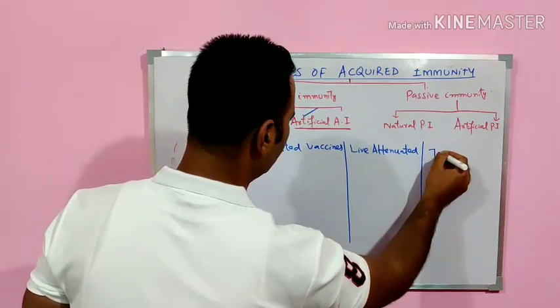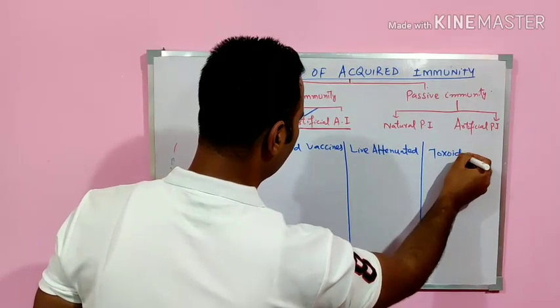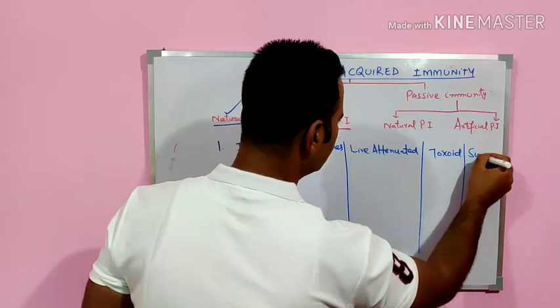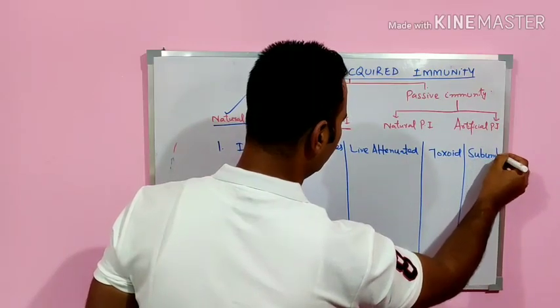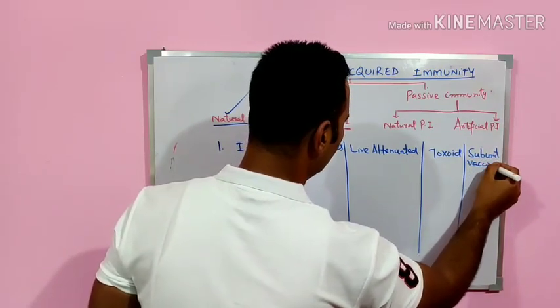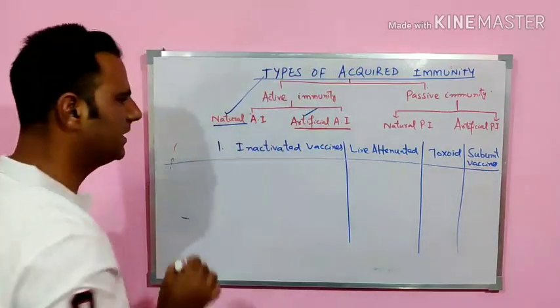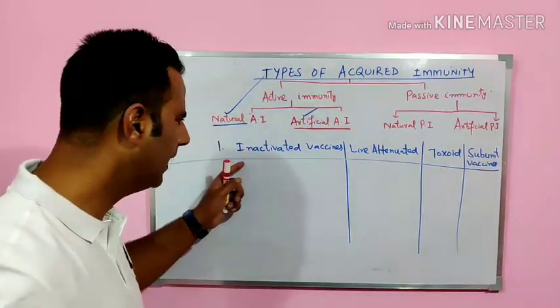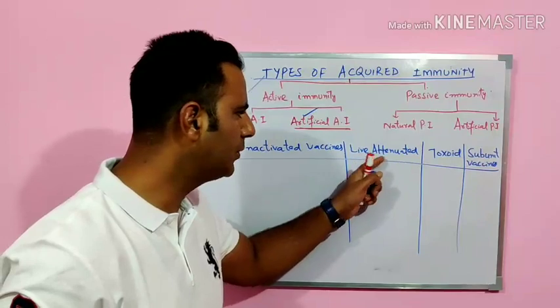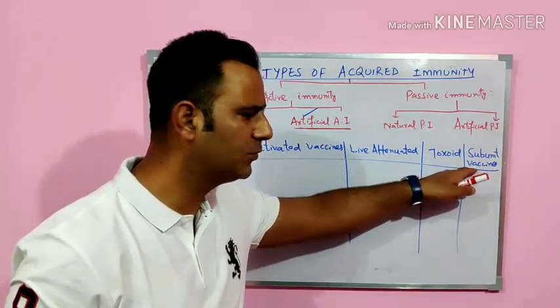We have one more category, toxoid vaccines. One more, subunit vaccines. Broadly, vaccines are categorized into 4 types. We may have inactivated vaccines, live attenuated vaccines, toxoid vaccines, and subunit vaccines.